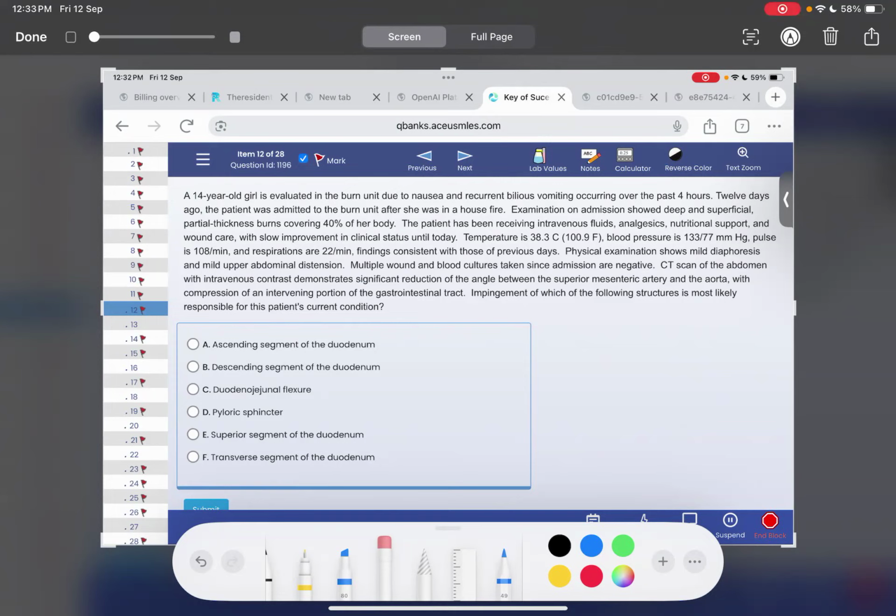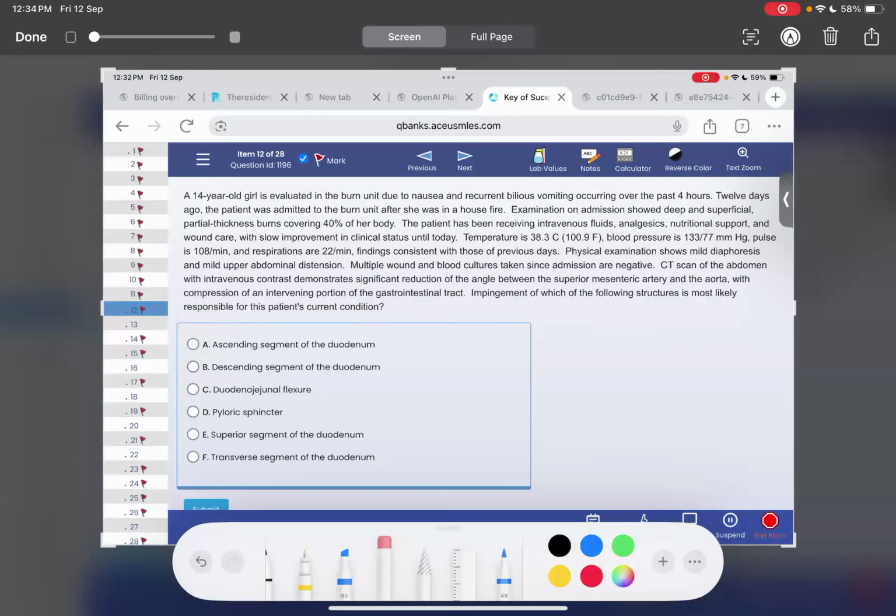Examination on admission showed deep and superficial partial thickness burns covering 40% of her body. The patient has been receiving IV analgesics, nutritional support, and wound care, with slow improvement in clinical status until today. Temperature is 38.3, BP is 133 over 77, pulse is 108, and respirations are 22. Findings are consistent with those of previous days.